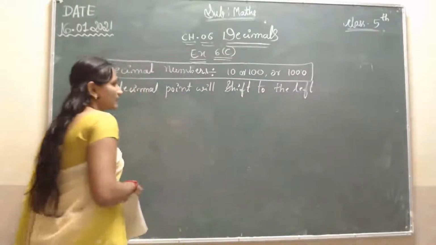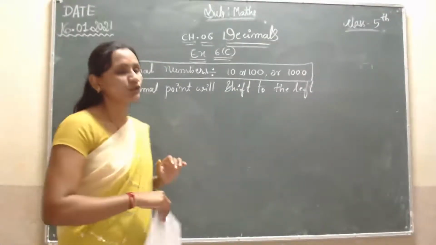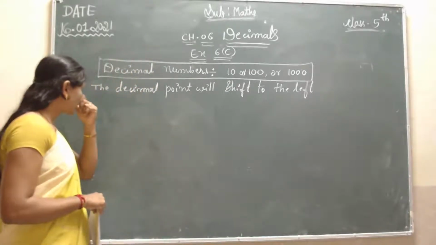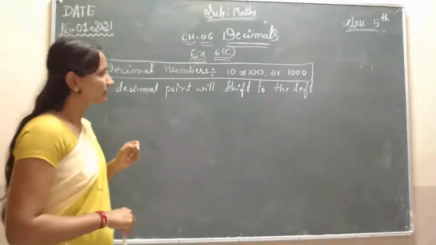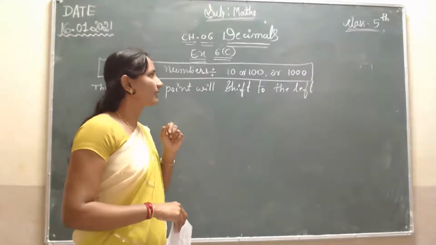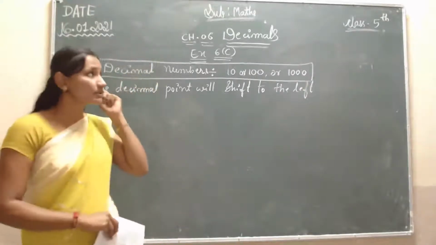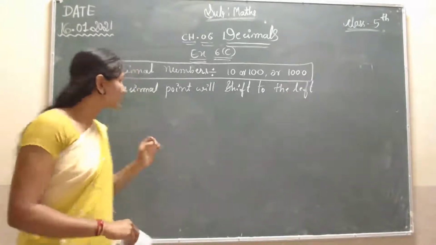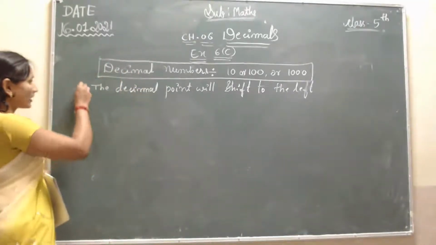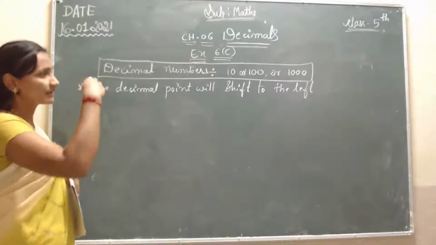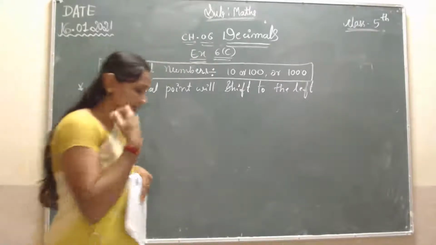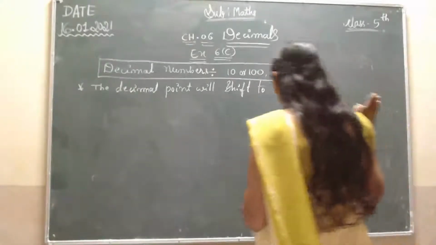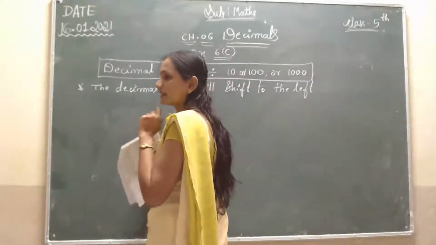Students, observe these 2 points. These are the most important 2 points: the decimal number is divided by 10 or 100 or 1000, but the decimal point will be shifted to the left side. Left means, in this side you take the right side, and this side you take the left.